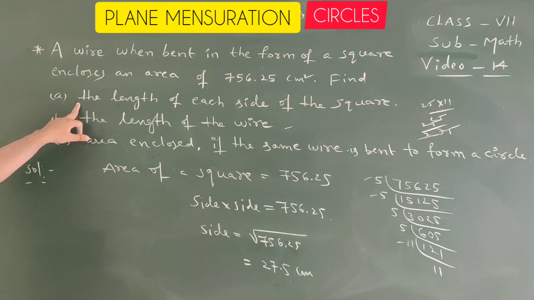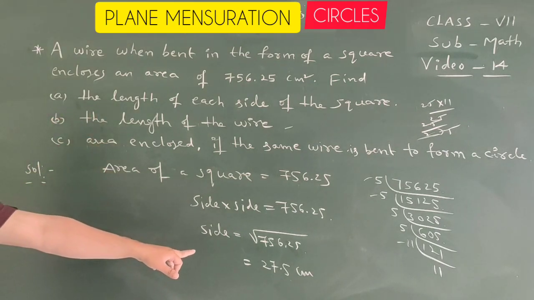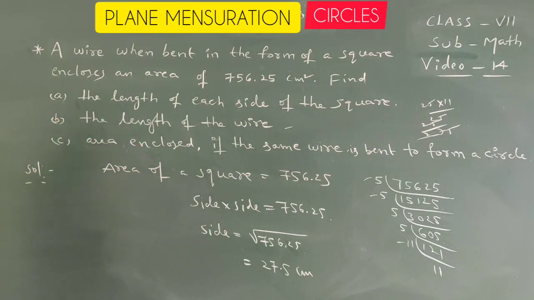Length of each side of the square is 27.5 centimeters for the first problem.